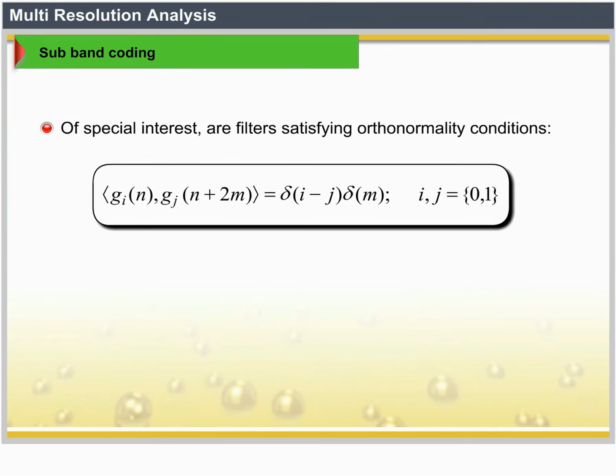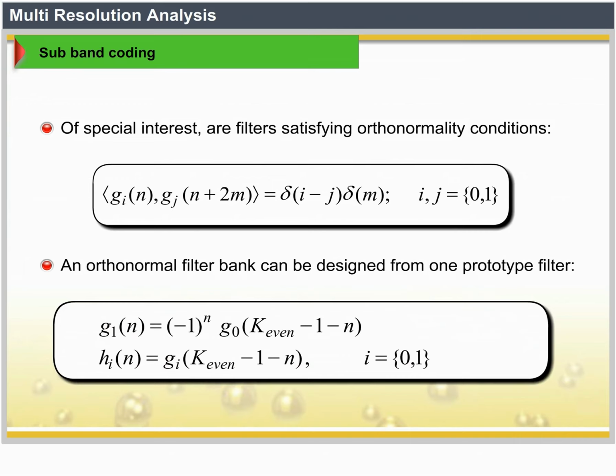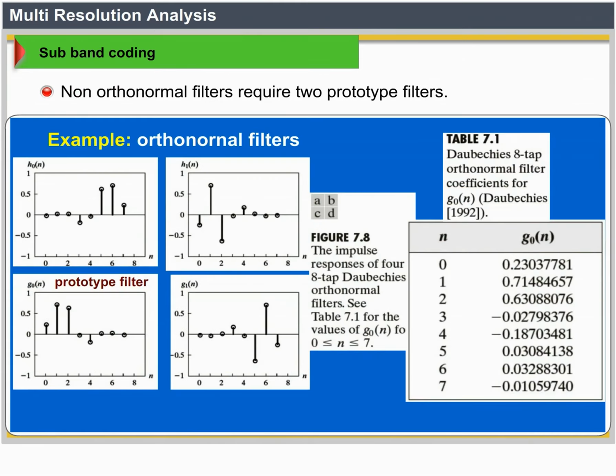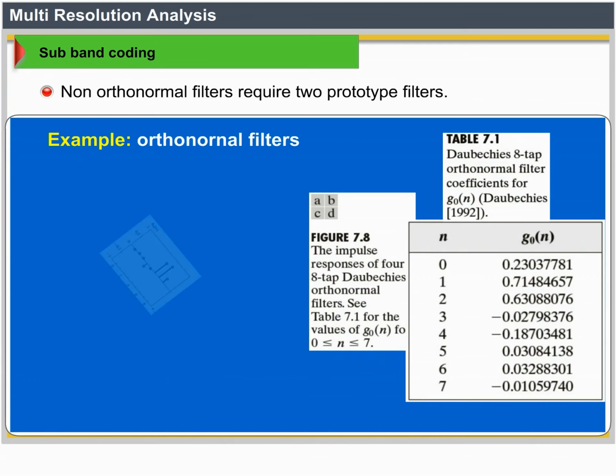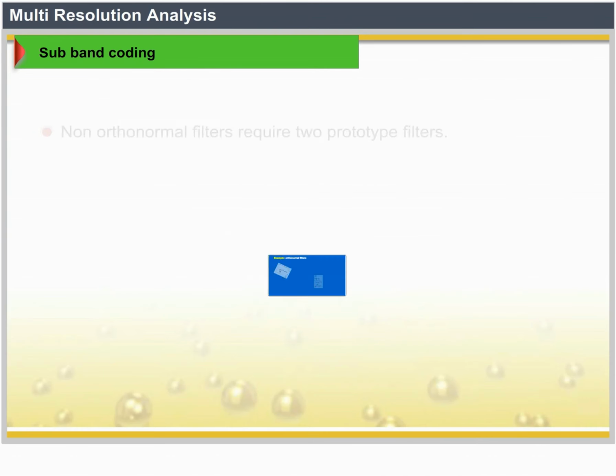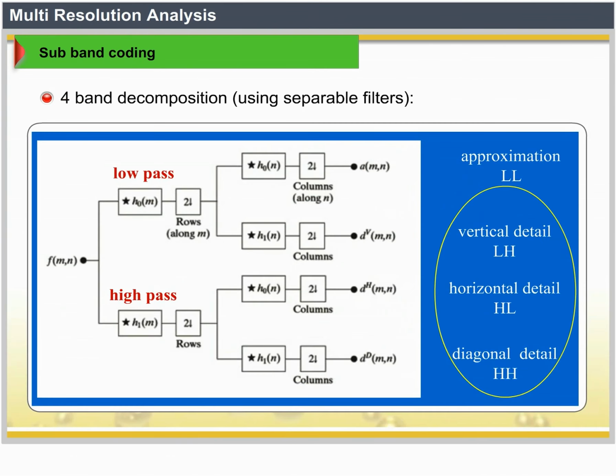An orthonormal filter bank can be designed from one prototype filter as shown. Non-orthonormal filters require two prototype filters. Examples of orthonormal filters are shown on the screen. 4-band decomposition using separable filters is now shown on the screen.